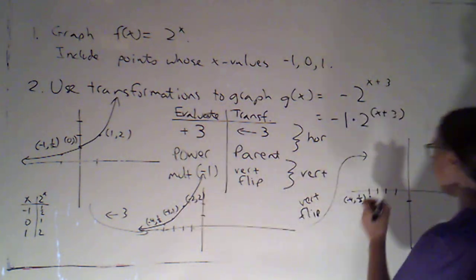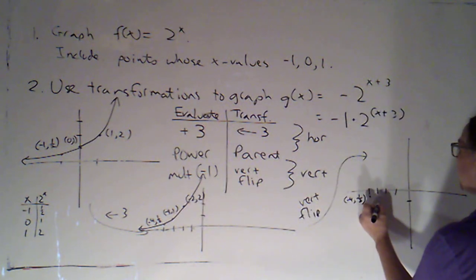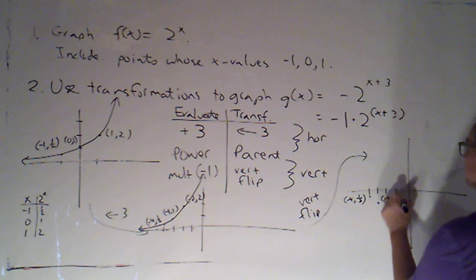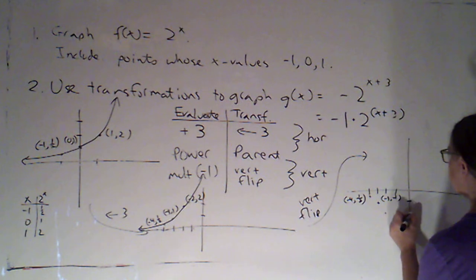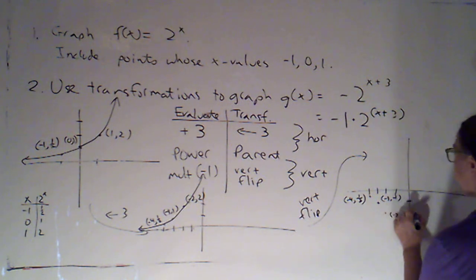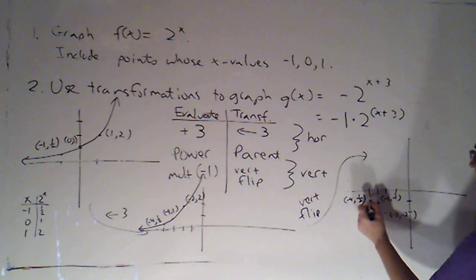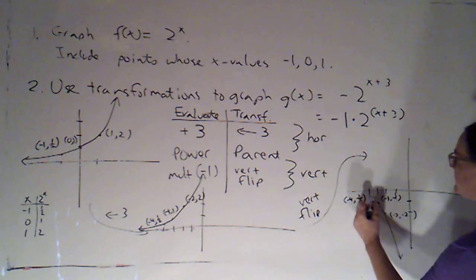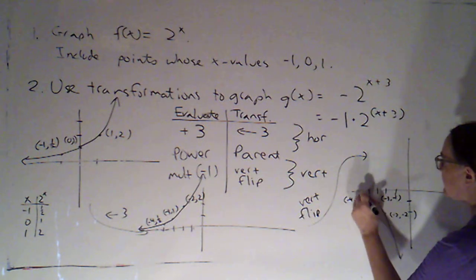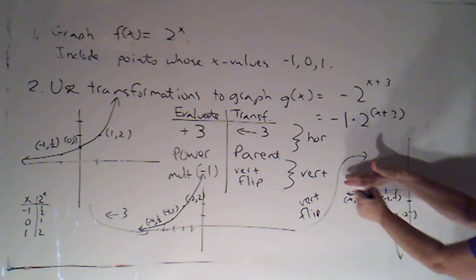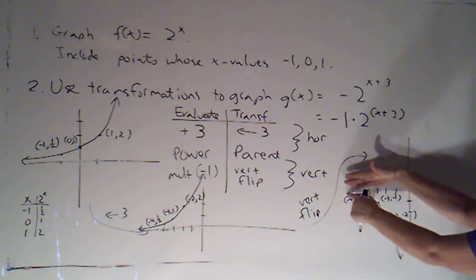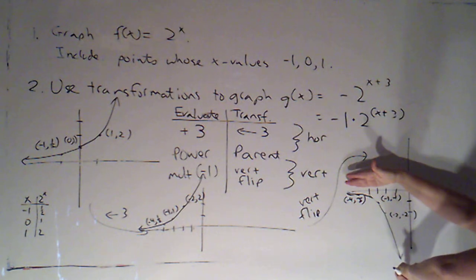I will have a point -3, -1, and I will have a point -2, -2. And then when I connect those dots, the x-axis here is still a horizontal asymptote, it's just that we're now below it and decreasing.